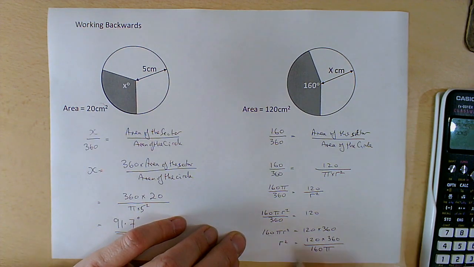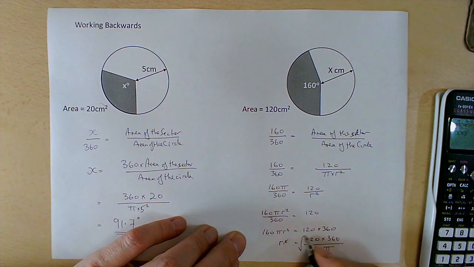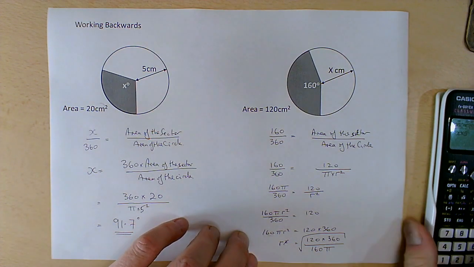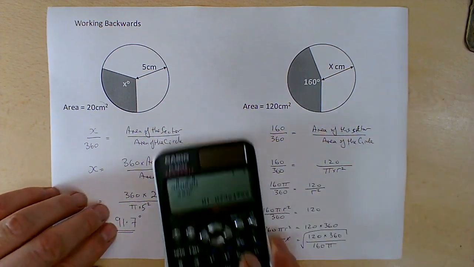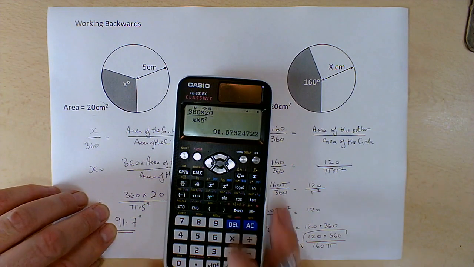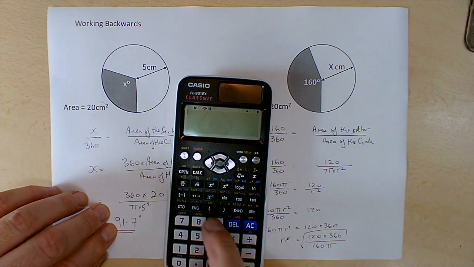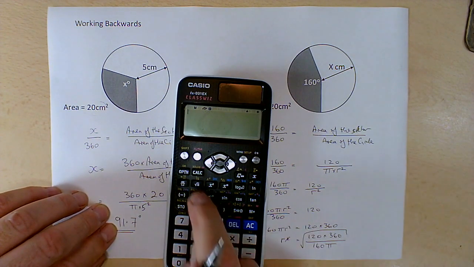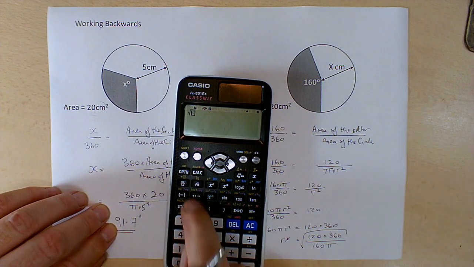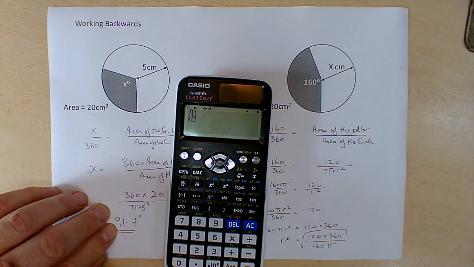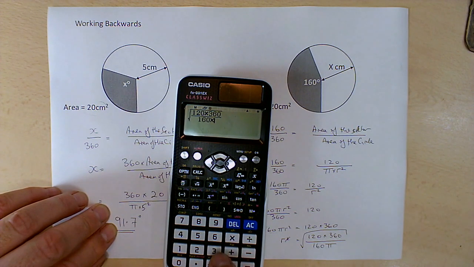And to get rid of the squared, we're just going to take a square root. So again, we can do all of this in one go on the calculator. So we want a square root around everything, and inside that square root we want a fraction. On top of the fraction is 120 times 360, and on the bottom of the fraction is 160 times pi.